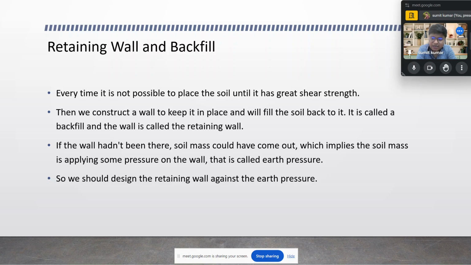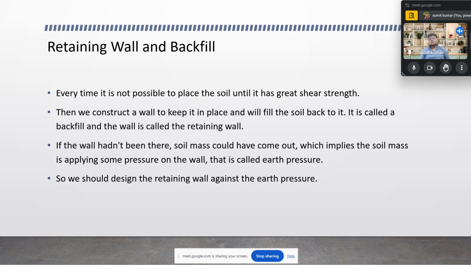It is called a backfill when the soil is filled behind the wall to sustain the soil there. That soil is said to be backfill, and the wall is called the retaining wall because it retains the soil mass which is filled behind that wall.